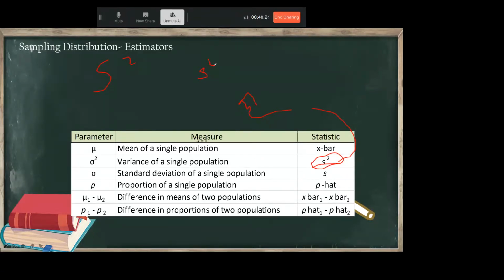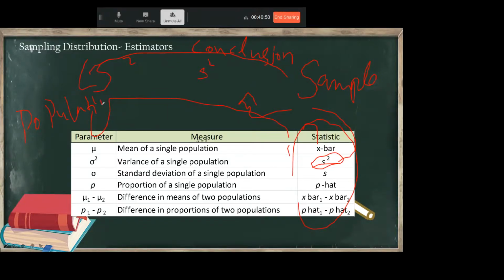The point over here is that, based on the statistics, we are estimating our population parameter. So based on the sample, we get the inferences, we get the conclusion for the population.